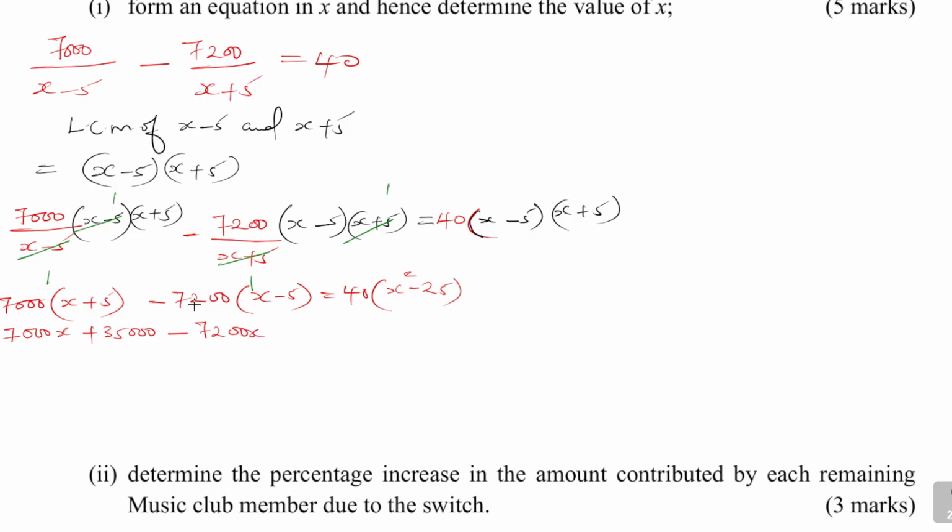Then negative 7,200 multiplied by negative 5 will give positive 36,000. This equals 40 times X squared minus 25, which will give 40X squared minus 1,000.